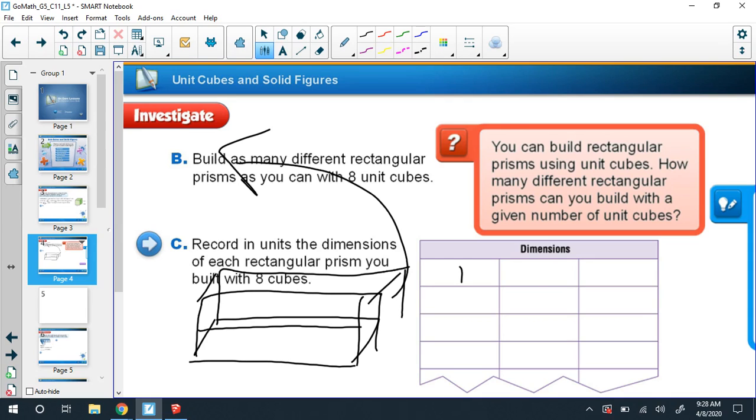So if we do a 1 by 8 by 1, that's no different than an 8 by 1 by 1 or a 1 by 1 by 8. All of these are basically the same prism. So just keep that in mind as you're working through that activity.